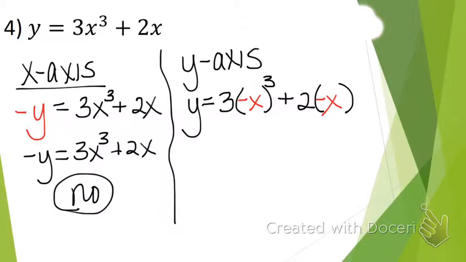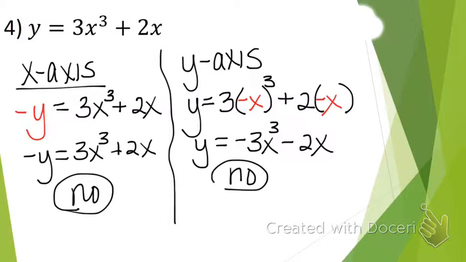Well, negative 1 to the power of 3 is negative 1. So we have y equals negative 3x cubed minus 2x. And that is not a match. That is a no.